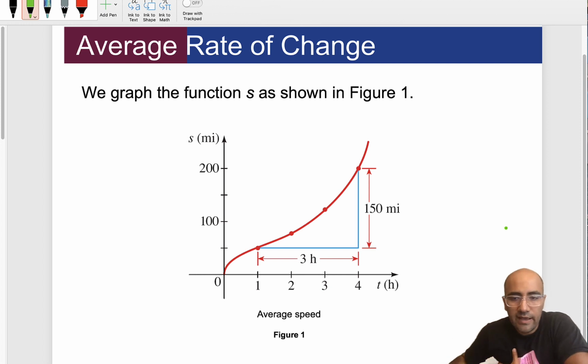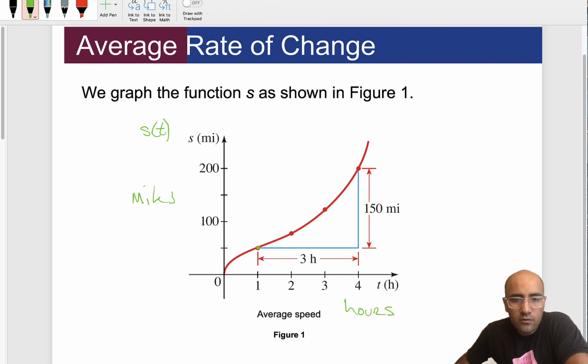So here we again have the horizontal axis as t in hours, and we have various timestamps here. And then we have s in miles going in this direction. So this is the s of t axis here, so it's in miles. And here it's in hours.